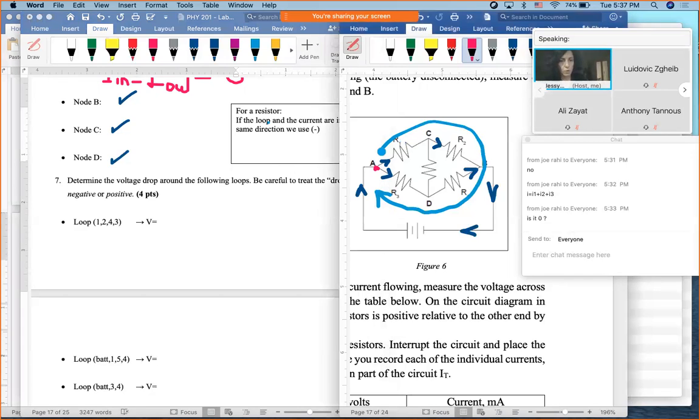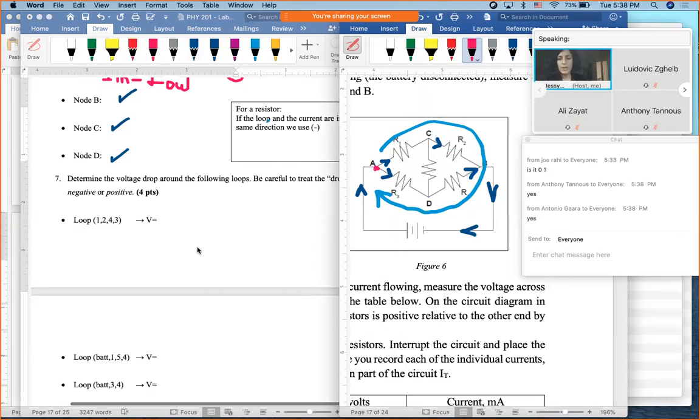Do you agree? So again, I'm following the loop, minus V1, minus V2, plus V4, plus V3. Do you agree with this? Is this what you did in the course? All right, so basically I'm not contradicting the course.